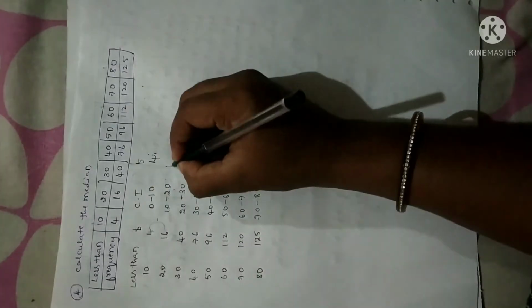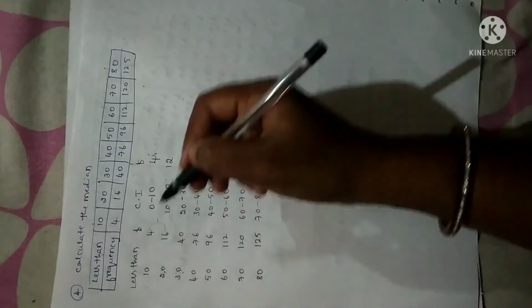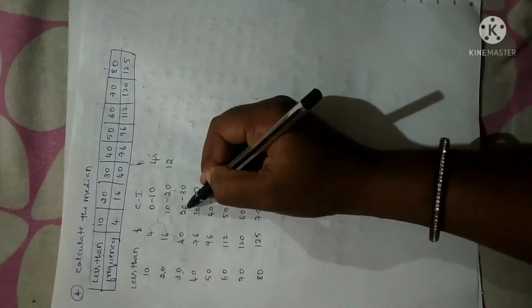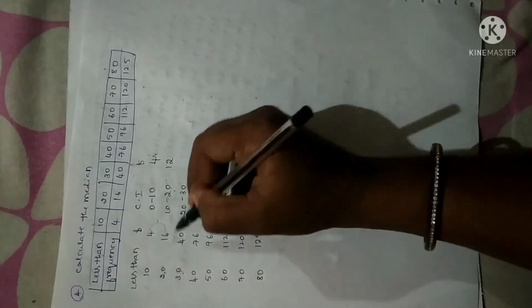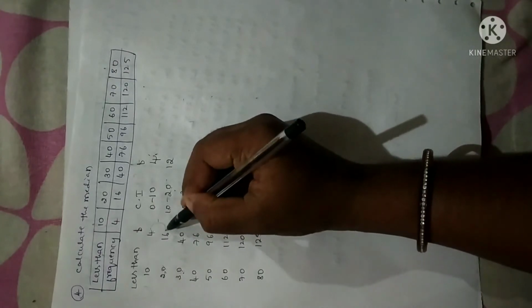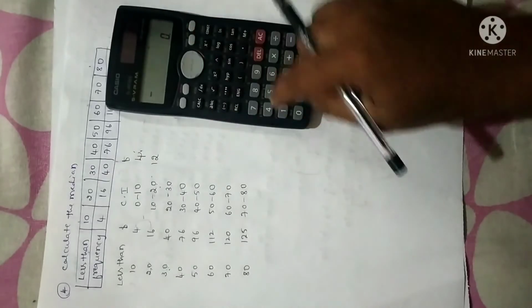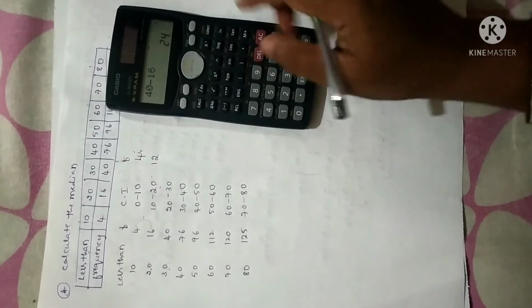So let me subtract. 16 minus 4 will give us 12. Similarly, less than 30 in the sense all the values up to 10 will be less than 30. But the class interval is constructed in such a way that it is 20 to 30. Fine. So that is why I have to subtract 40 minus 16. So 40 minus 16 will give us 24.